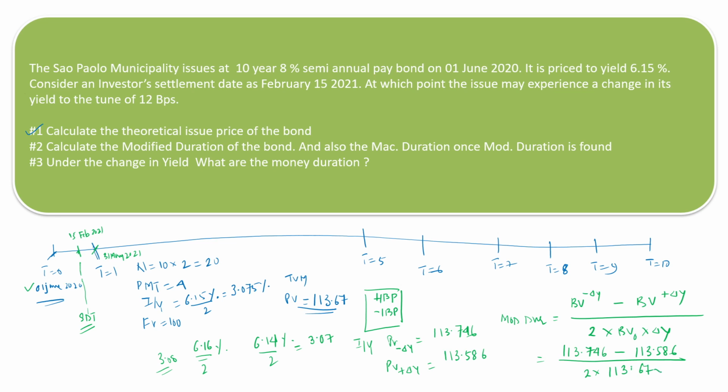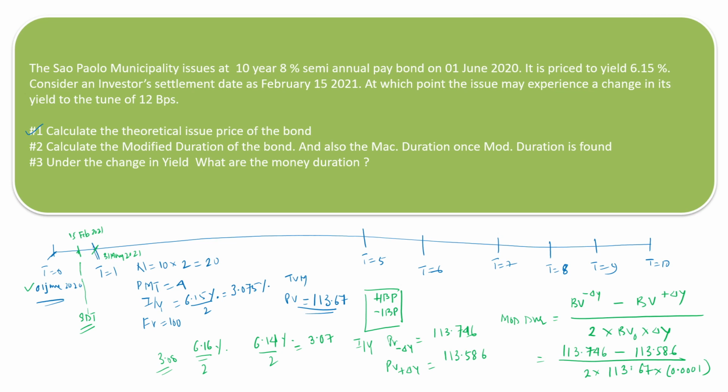113.67 into, obviously, in fraction, 1 basis point is 0.0001. Okay, so if you do this math, 113.746, we deduct 113.586, so you get 0.16.